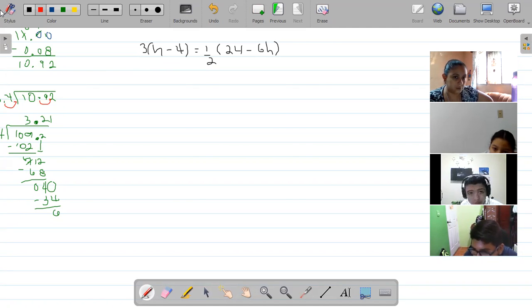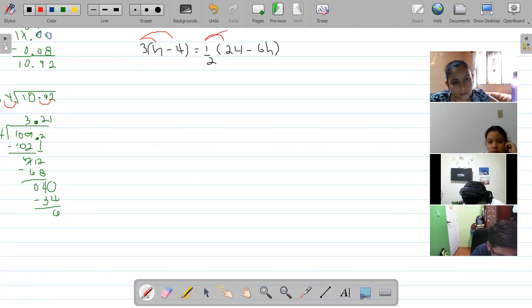So the parentheses. But you're doing what? Distributive property, exactly. By doing the distributive property, I'm going to multiply over here because I have a number on the outside, but also this one in here, right?